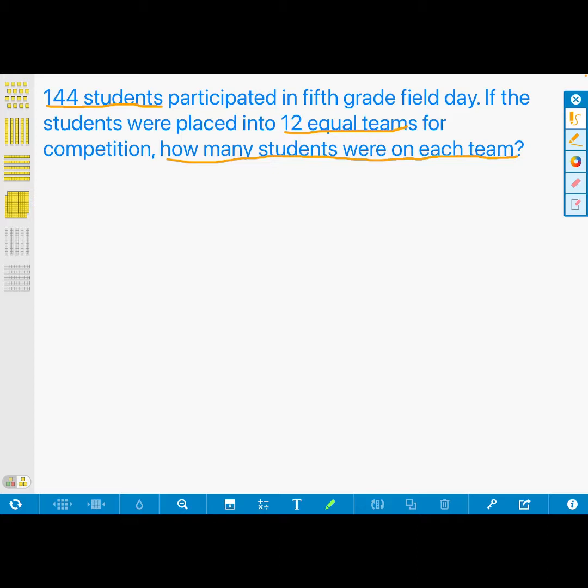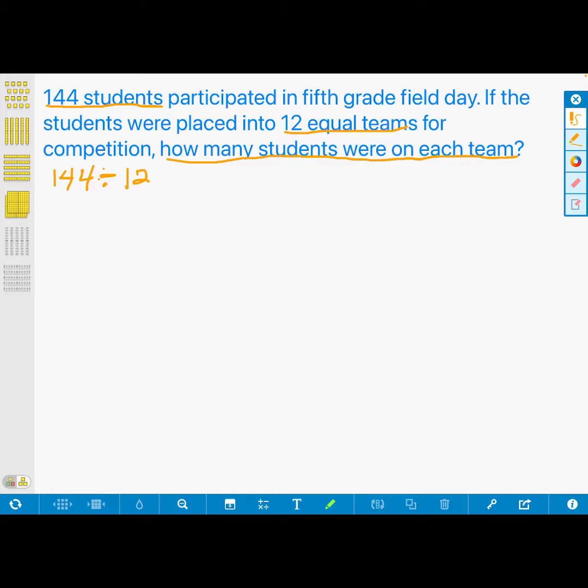So this is equal parts. So I need to figure out how many equal groups I can make out of 144 students if there are 12 teams. So my equation is 144 divided by 12.